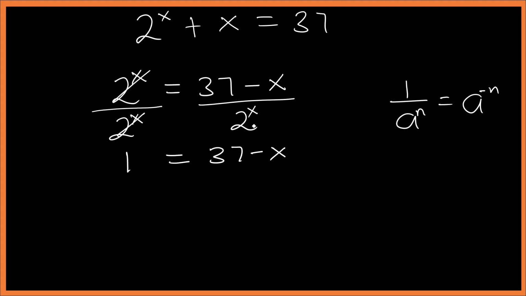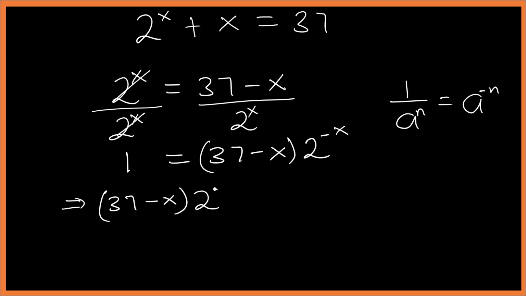So this one is the same as times 2 to the power minus x. Okay, so let me write this one on my left. So 37 minus x times 2 raised to minus x equals 1.